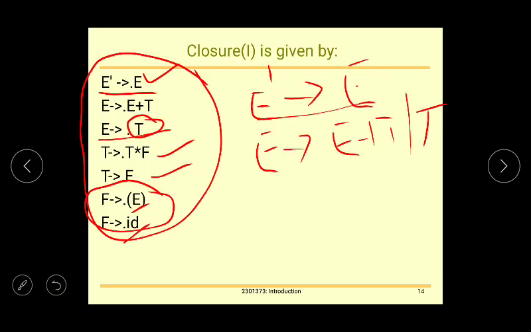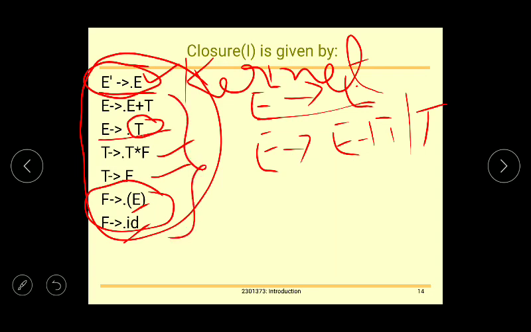Now consider the same example. Here the first item E dash gives dot E is called a kernel item. The remaining 3 plus 3, remaining 6 items are non-kernel, because we have added these 6 items only because of the kernel item.